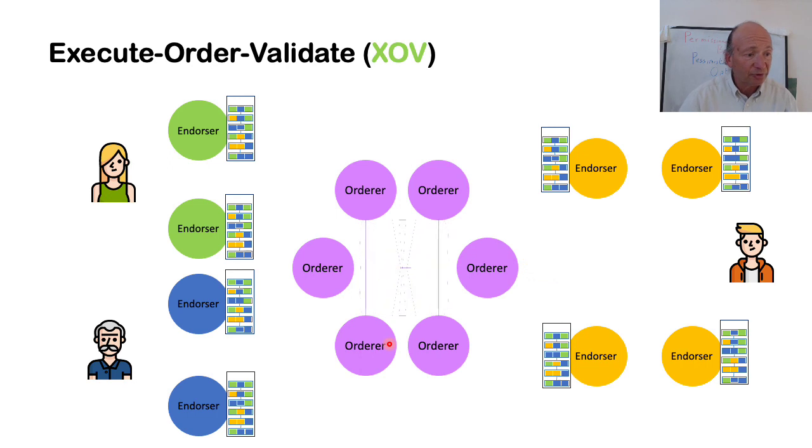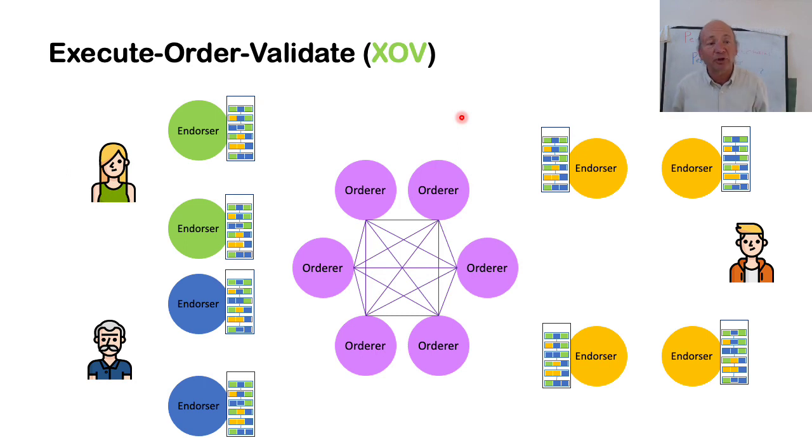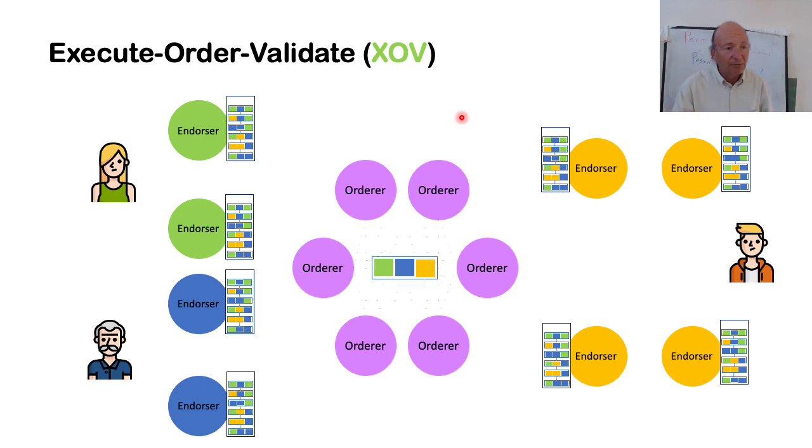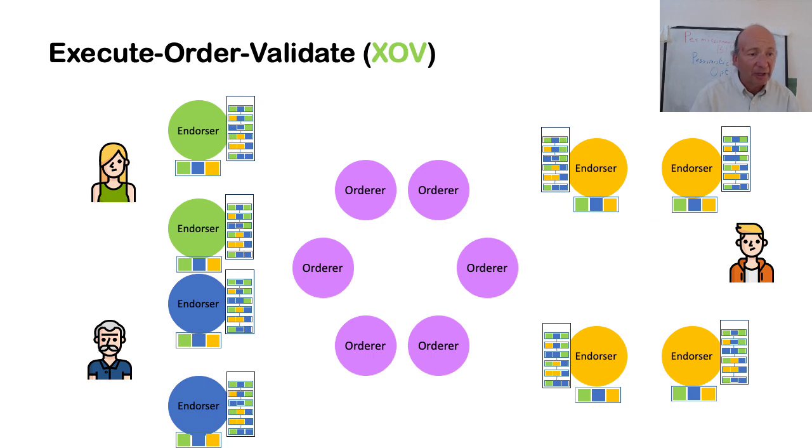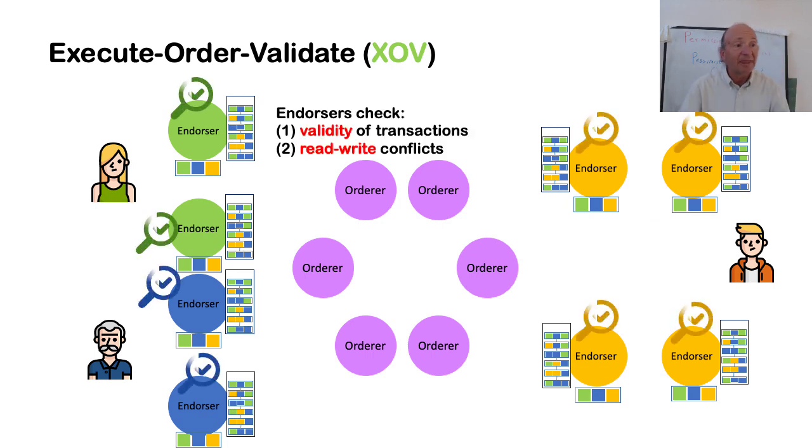Now the orderers are going to execute a consensus protocol that establishes the order among the various requests coming from the different applications. So an order is established, and that order is sent to the various endorsers. The endorsers validate that the transactions are executed and are resulting in the correct answers according to the execution that had taken place.